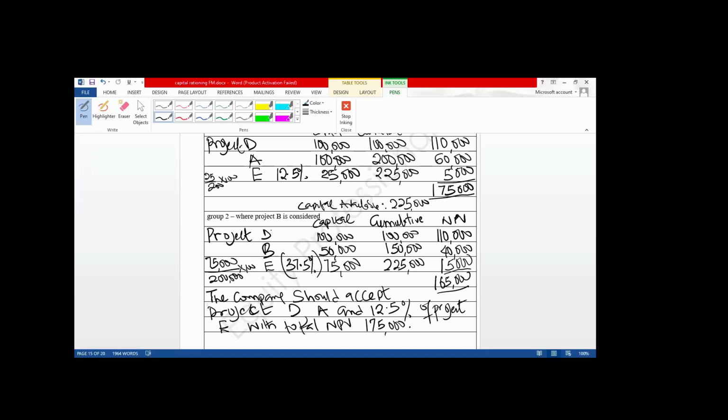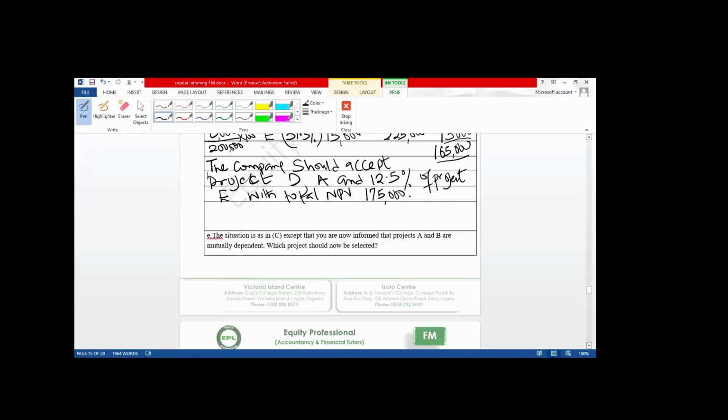We move to requirement E. So please listen. The situation is as in C above. That means you have 225,000 finance available, except that you are now informed that projects A and B are mutually dependent.